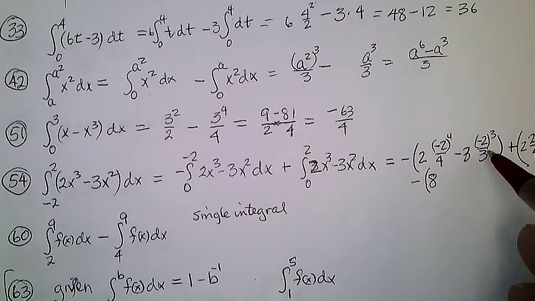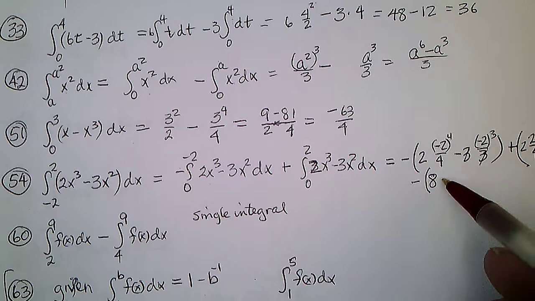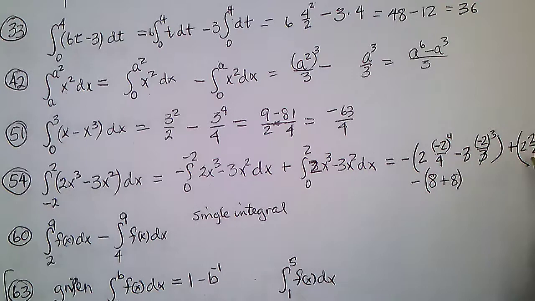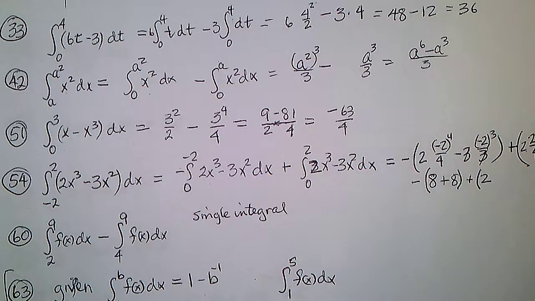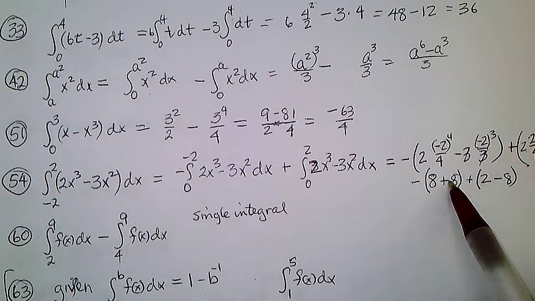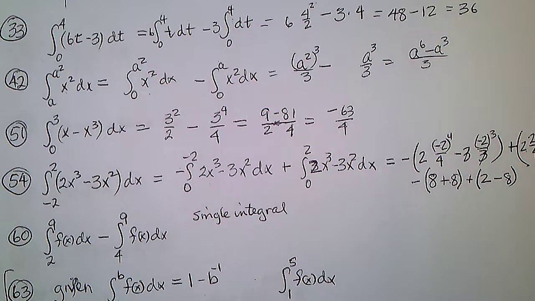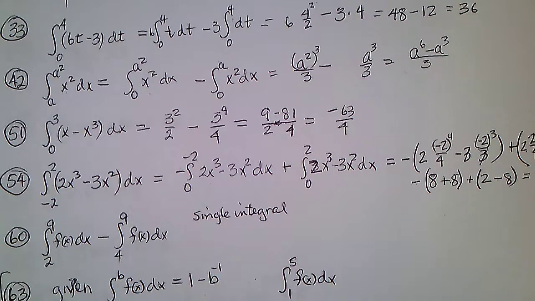And this 3 would cancel this 3, and this would be minus 8 times a minus is plus 8. And here we would have 16 divided by 4 is 4 times 2 is 8. And here we would have the 3's canceling, and we'd have minus 8. So we got negative 16 minus 6, negative 22, if I didn't make any arithmetic errors or lose a sign.